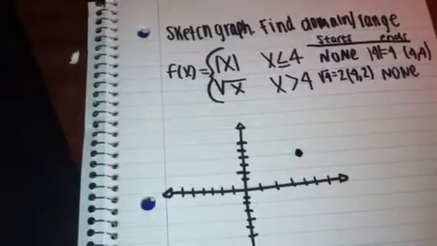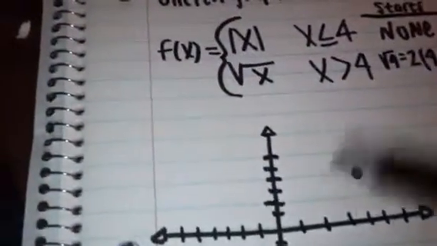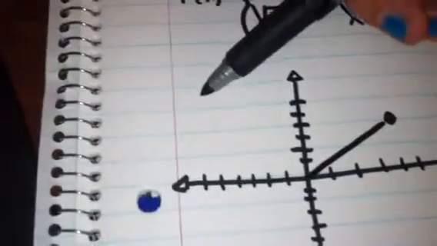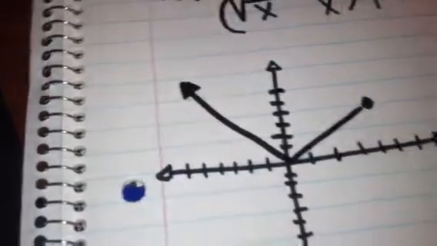And then the parent function of the square root of x looks something like this. So we're going to draw the rest of that graph without this part right here. So it's going to look like that.